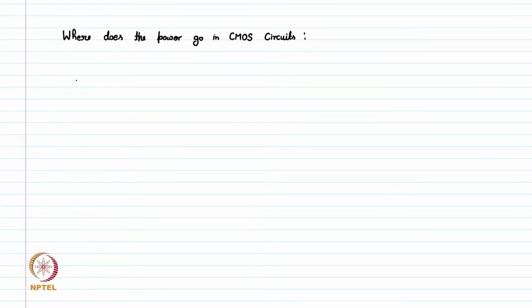So the very first power dissipation which happens in a CMOS circuit is the dynamic power dissipation. This dynamic power dissipation happens because of charging and discharging of capacitors.